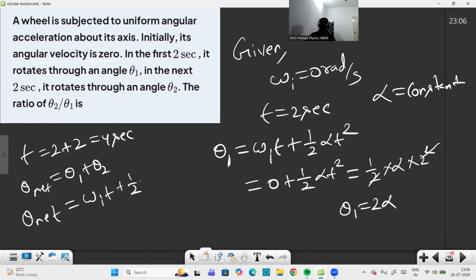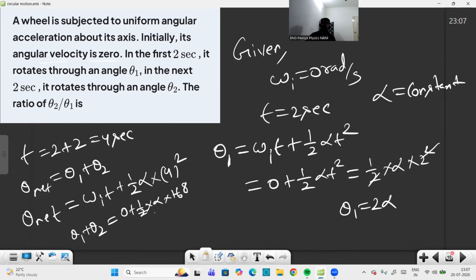Alpha value is not given. We have to take constant only. So constant into t. Total time initial 2, then again 2 means 4. Now time is 4. So 4 square. Now theta net is theta 1 plus theta 2. It is 0 plus 1 by 2 into alpha into 16. That is 8 alpha. So 8 alpha.